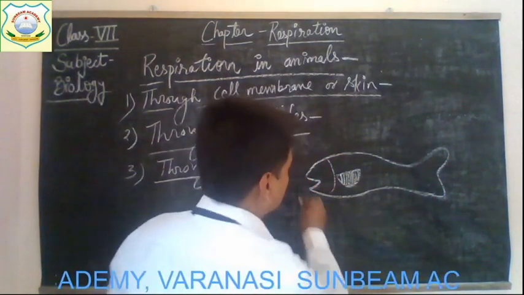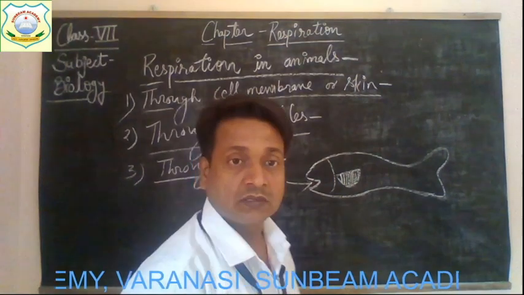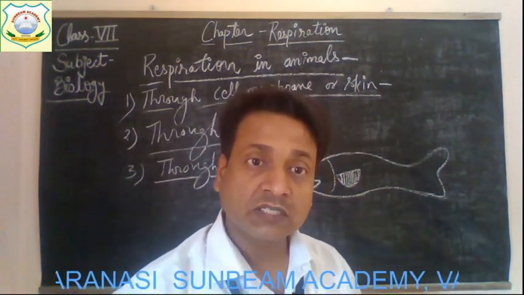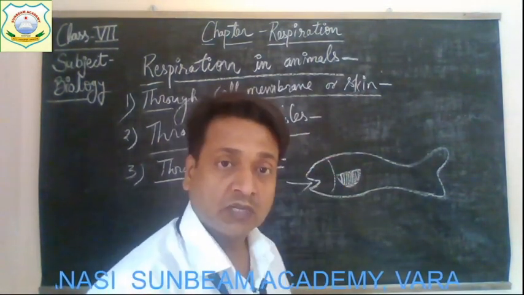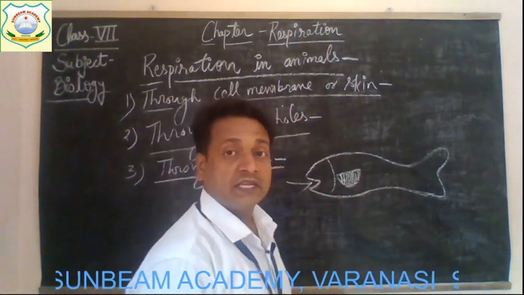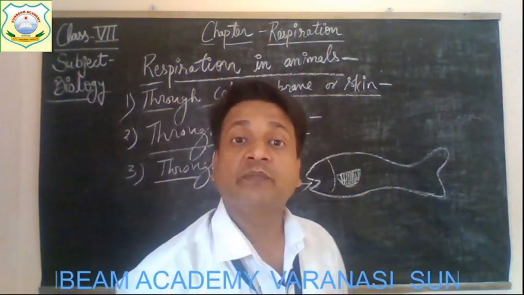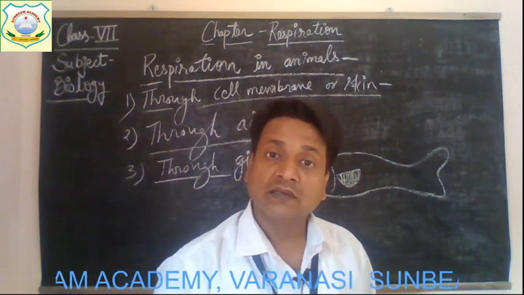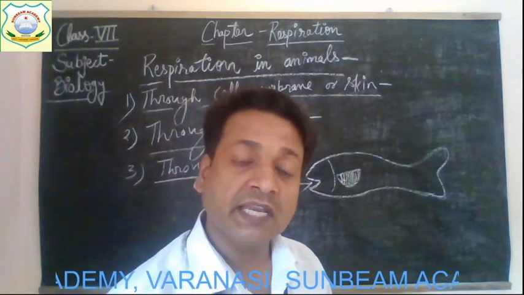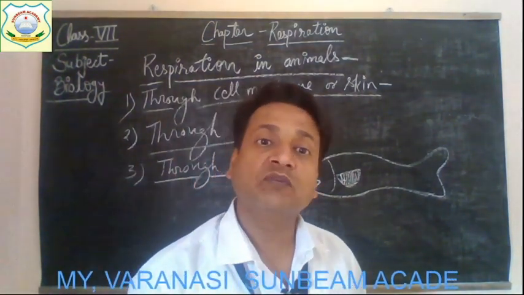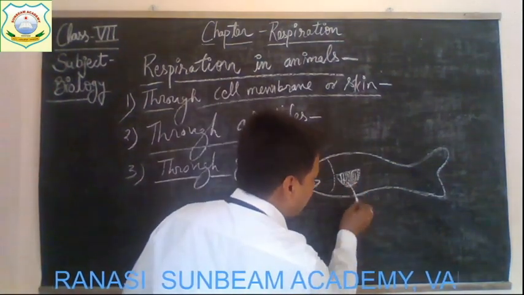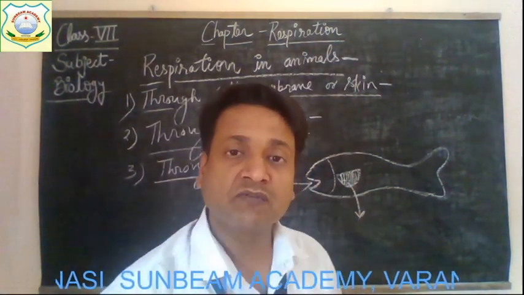So when the water enters through the mouth, as you know that water has dissolved oxygen, that oxygen rich water comes through the gills, and here the blood capillaries just absorb the oxygen from the water, and at the same time carbon dioxide is removed from the capillaries and gets mixed in the water, and then that water comes outside from the body.